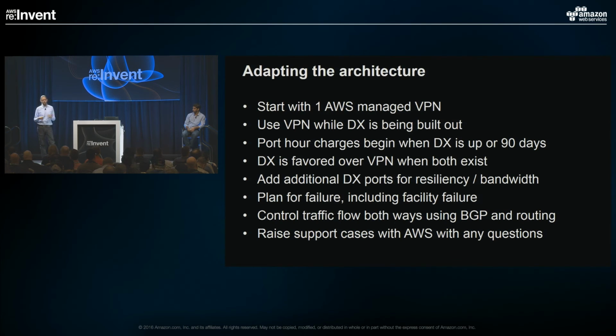An important note to keep about that is you don't begin to get charged for the Direct Connect ports until the connection between your routers is actually established, or 90 days, whichever comes sooner. So what that means is effectively you are given 3 months of grace where you have the LOA in hand, there is a port that's waiting just for you, but you don't begin to get charged for it until you connect through it.